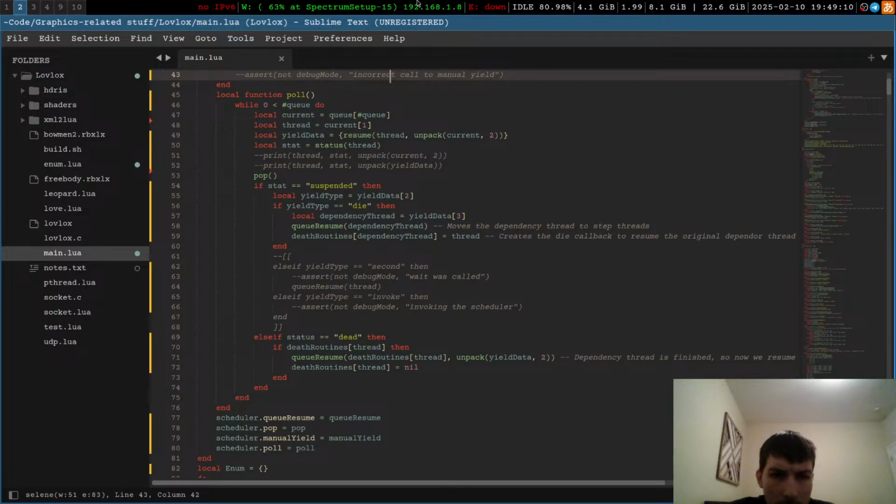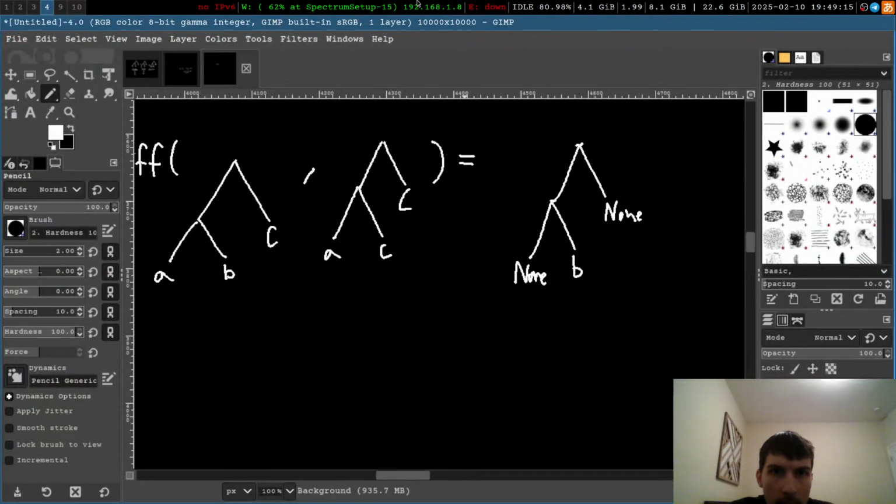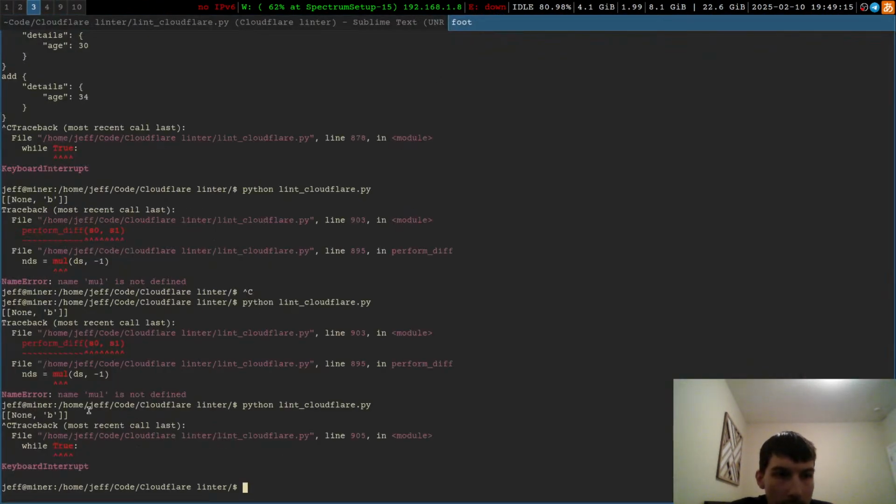So why is this bad? Because we kind of lose context of everything about this tree.